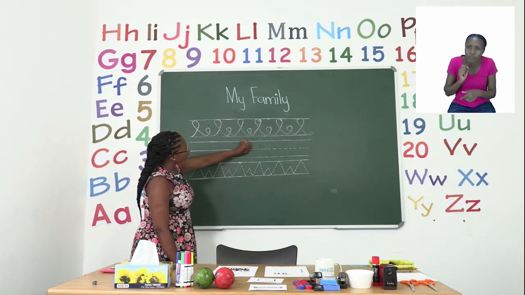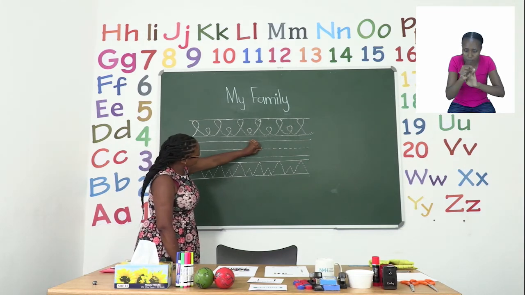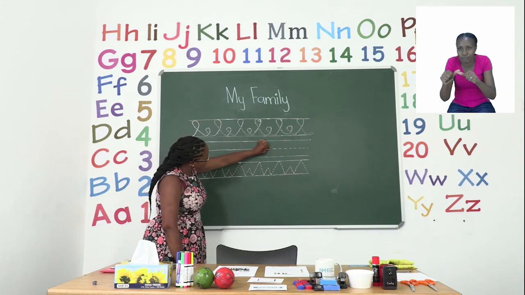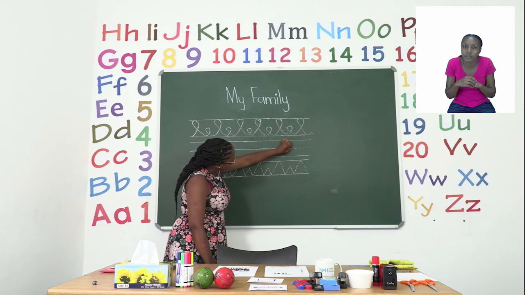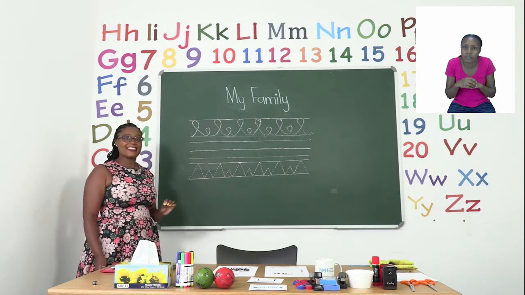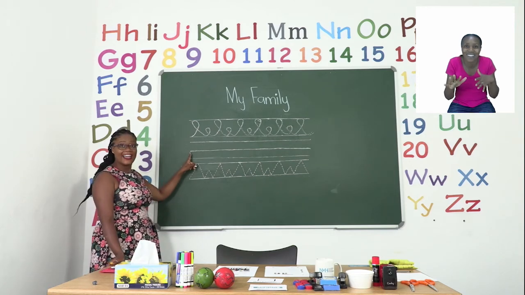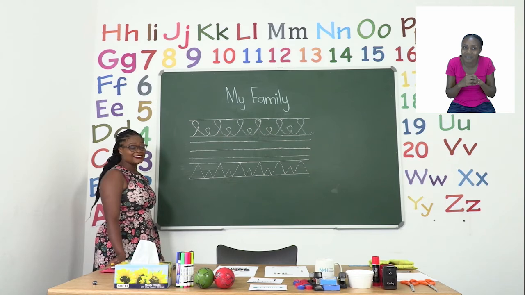It's okay to stop, but it's not okay to lift up your pencil. Let's keep going. Our nice straight line. Follow the dotted line. Very good. And we are done. And there is our line. Did you finish yours? Well done.